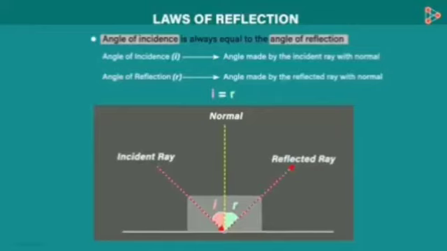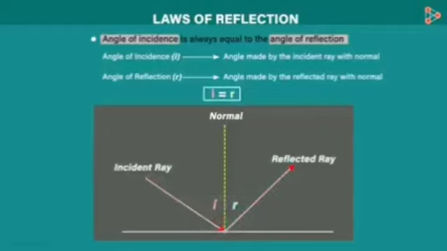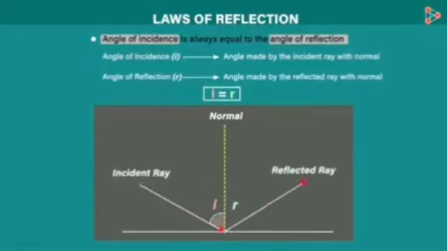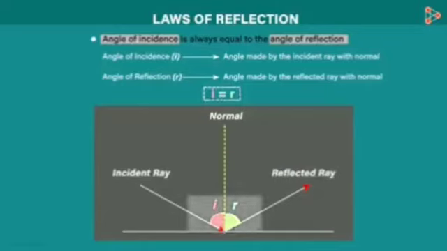If I move the incident ray in some direction, if I change the angle of the incident ray to something else, what happens to the reflected ray? The angle of the reflected ray also changes. So by this we can say that i is always equal to r. The angle of the reflected ray always depends upon the angle which the incident ray makes with the normal.